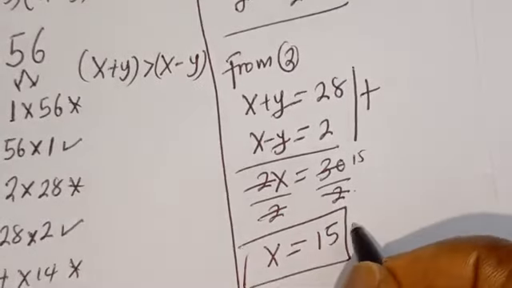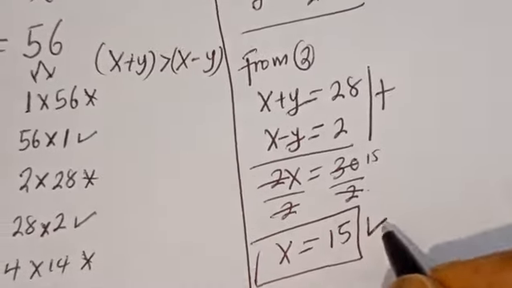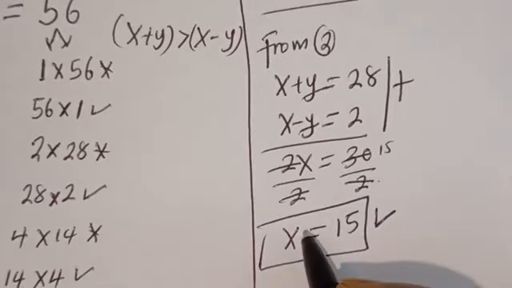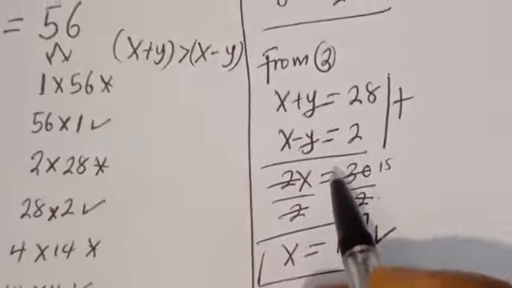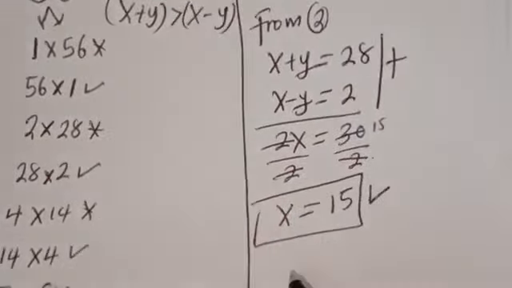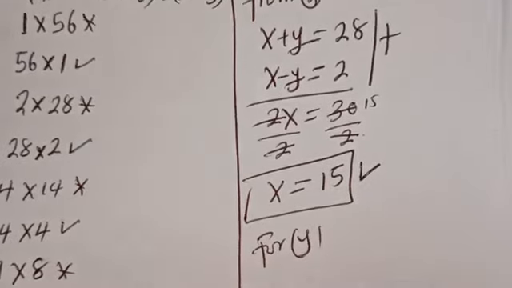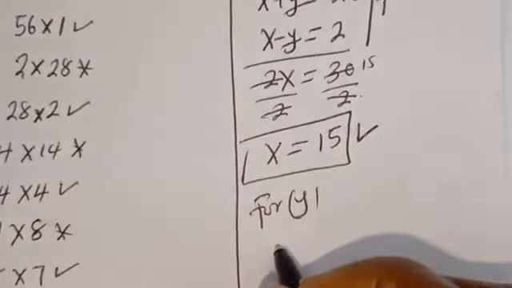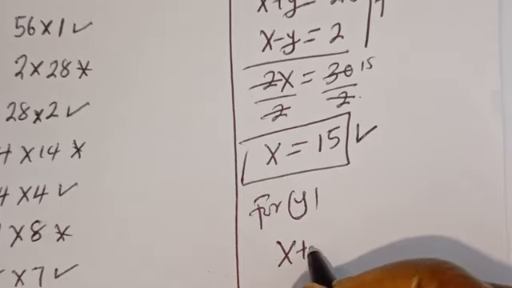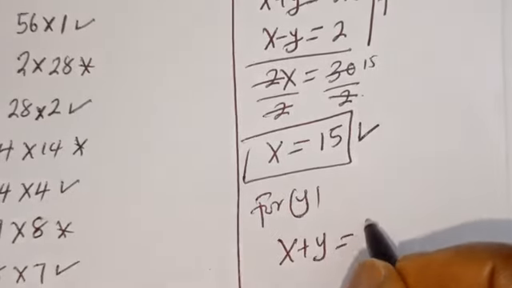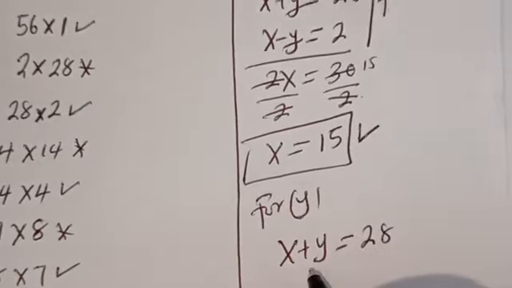And of course, this is a natural number. So let's solve for y using either equation 1 or equation 2. For y, we have x plus y is equal to 28.